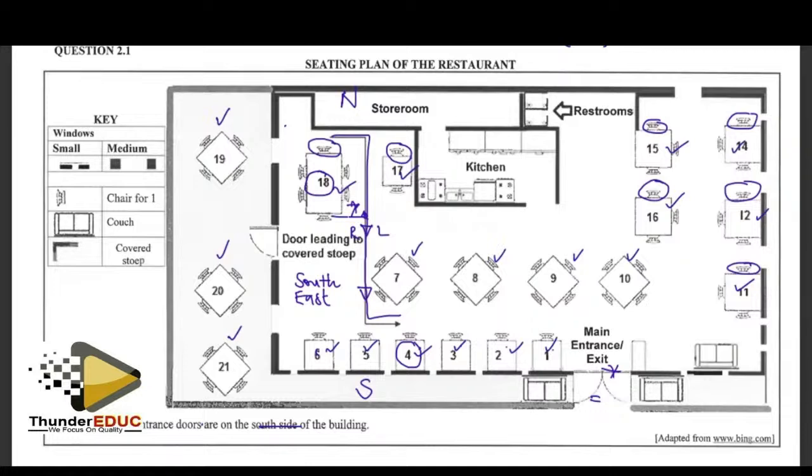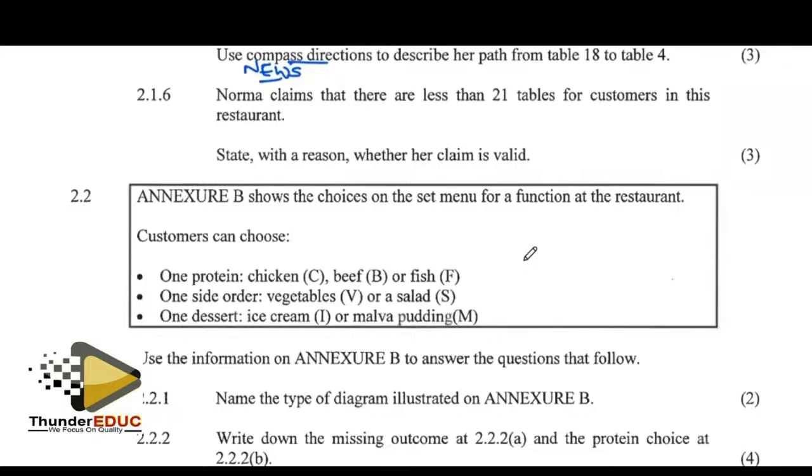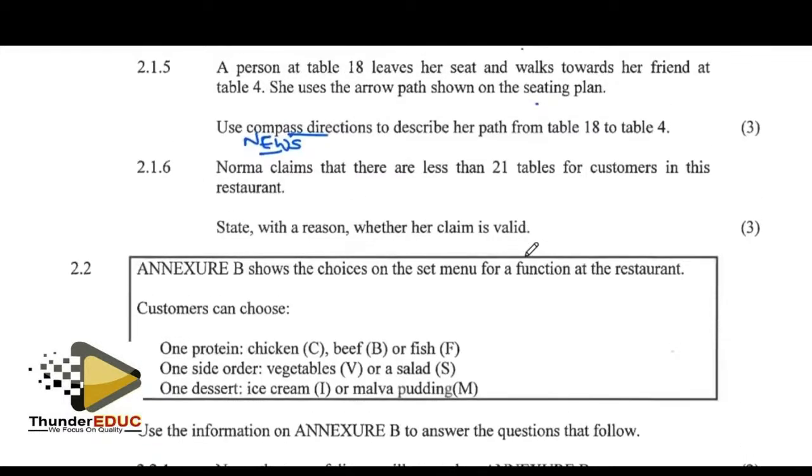All right. Let's continue. We look at the question. Nomsa claims that there are less than 21 tables for customers in this restaurant. State a reason why, whether her claim is valid.